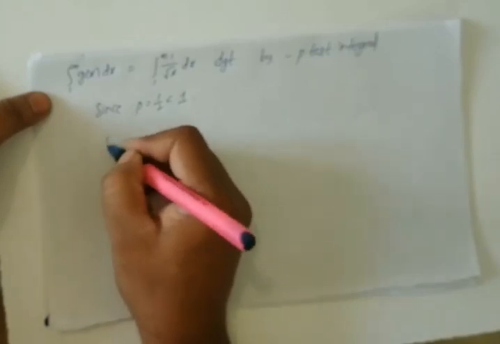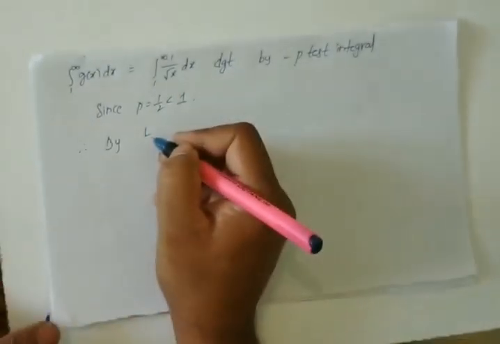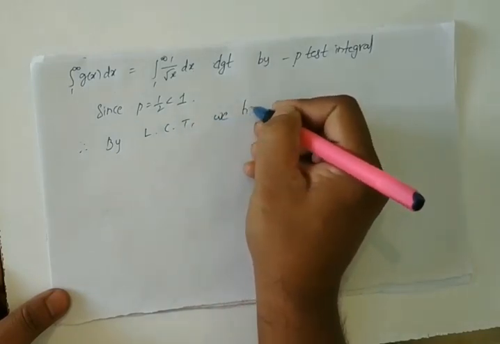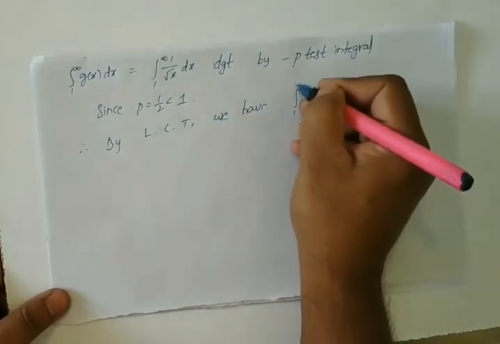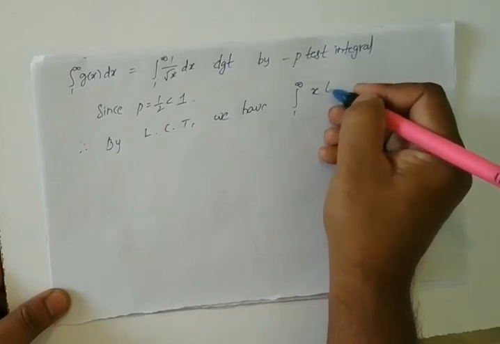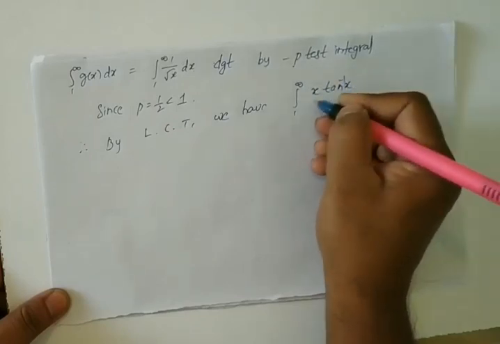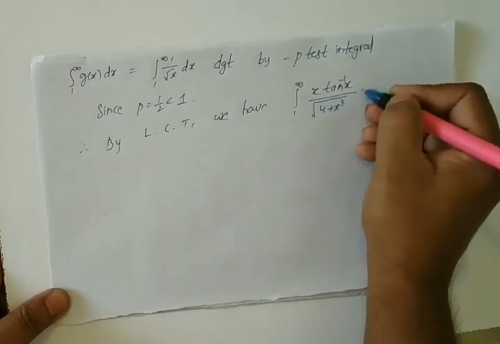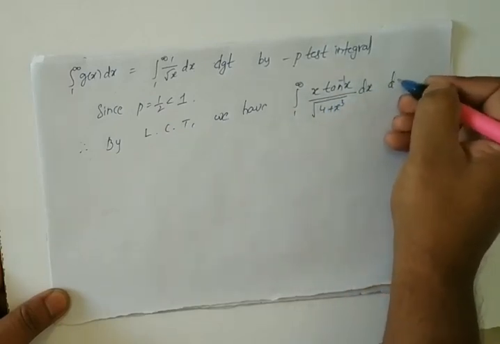Therefore by limit comparison test we can say that integral from 1 to infinity x tan inverse x by 4 plus x cube dx is divergent.